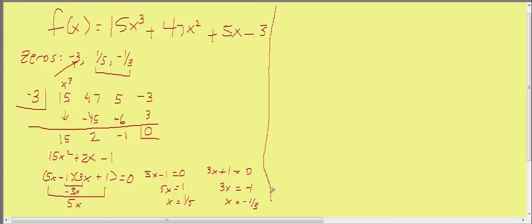You may remember this one, I'm not sure, but this is h of x is x to the 4th minus 2x cubed minus 60x squared minus 139x minus 70.